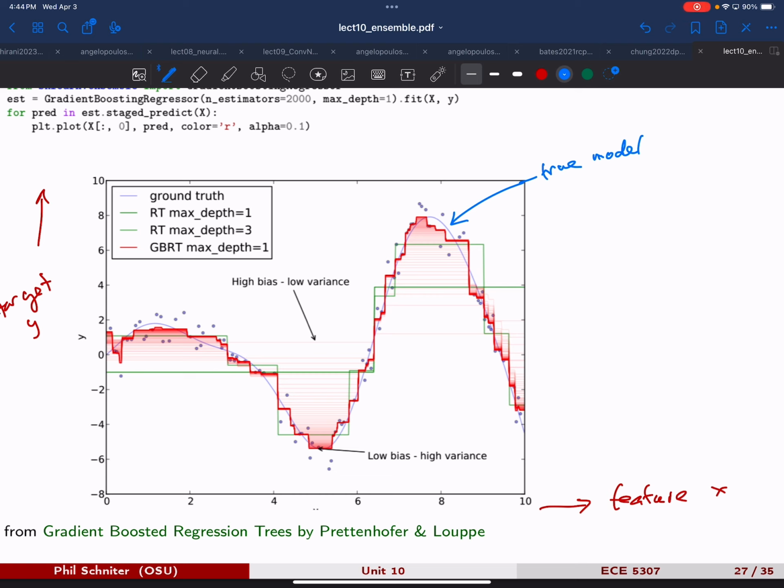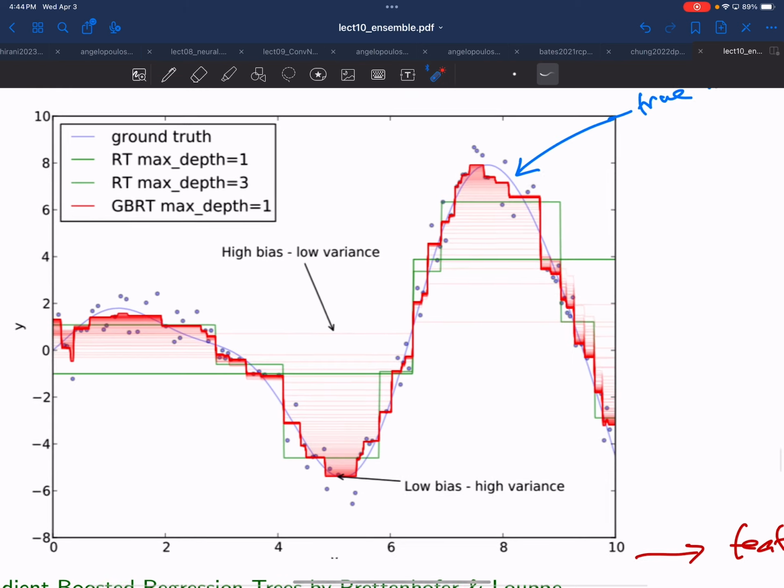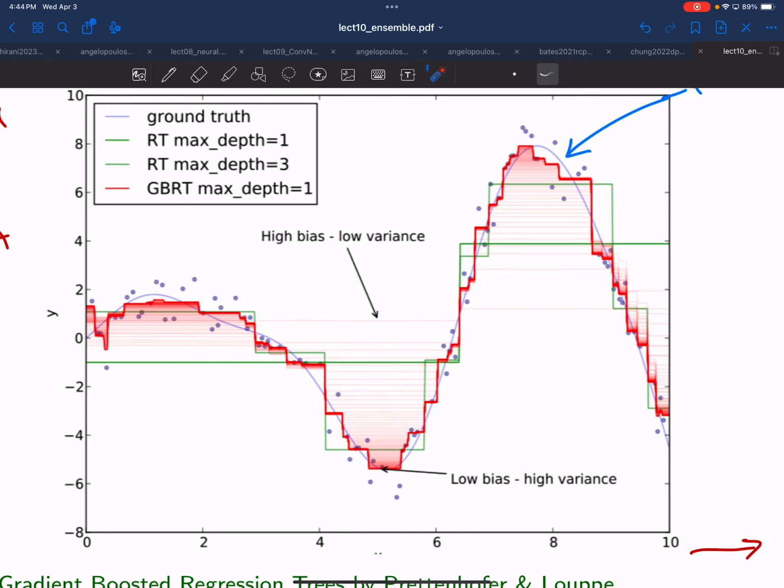And so what we're going to do is use, again, decision stumps. The very first one, it's hard to see, but it's this.